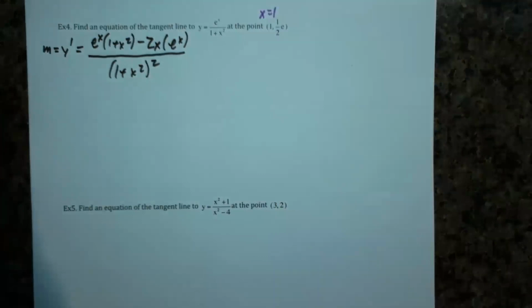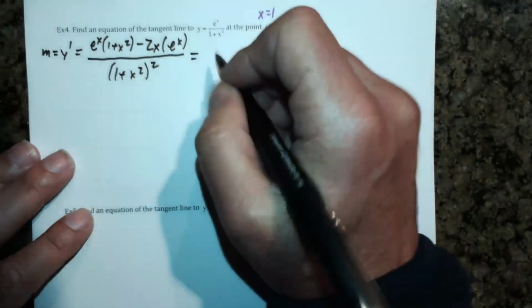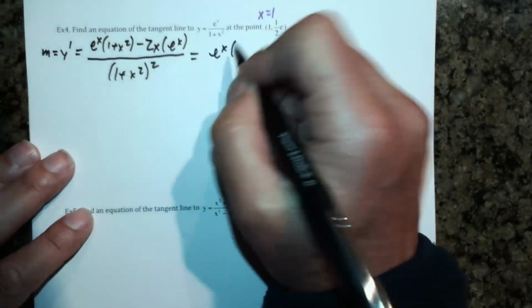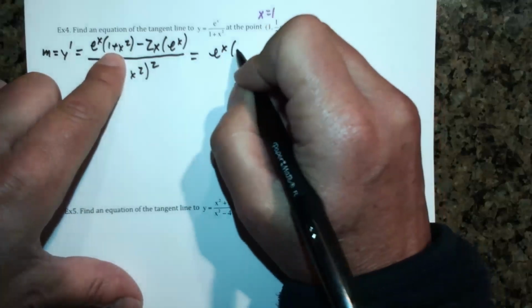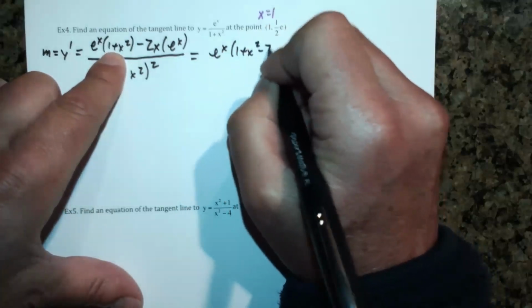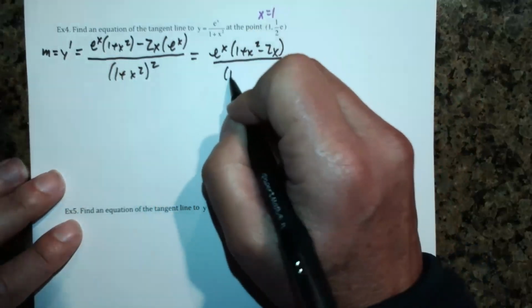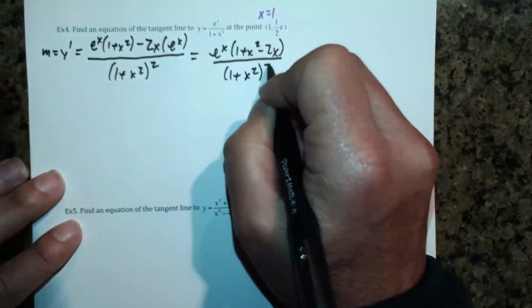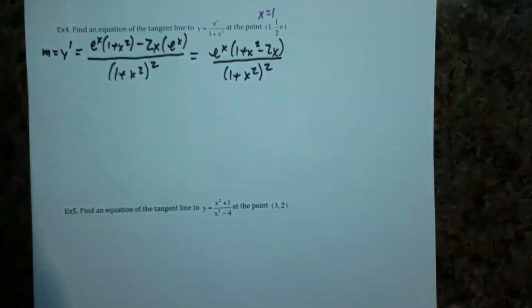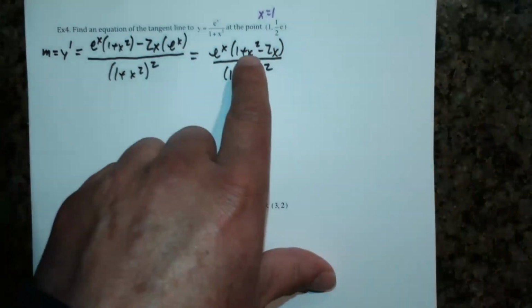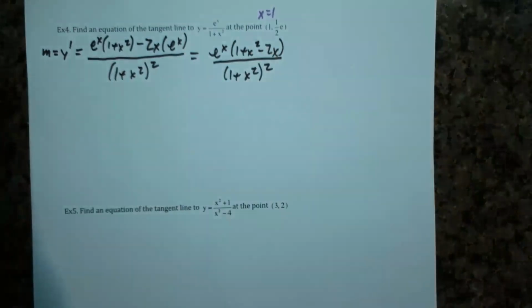Now, we can factor out in the numerator an e to the x, and we're left with 1 plus x squared minus 2x. All right, now, if I rearrange this, it's going to look like this.